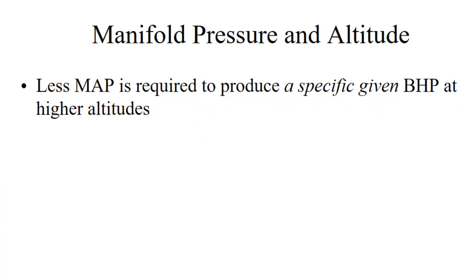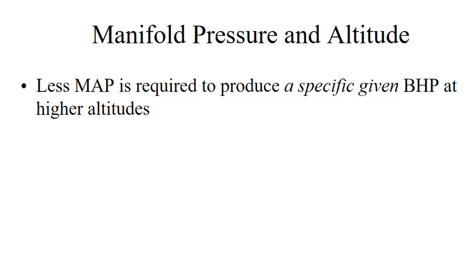When you're at altitude, we are used to thinking in terms of altitude having a negative impact on engine performance. And that is true if you're thinking in terms of the maximum power that the engine will produce.